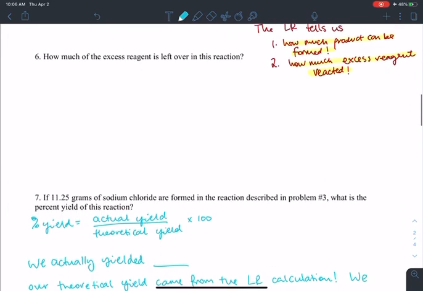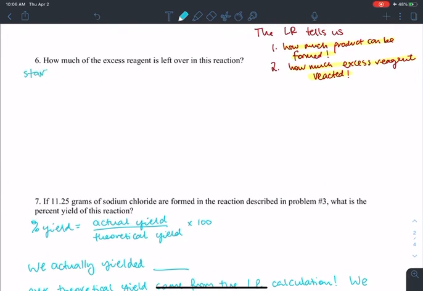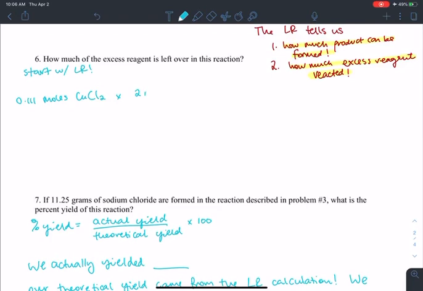So we start with that. So start with limiting reagent. So we have 0.111 moles of copper 2 chloride. We want to convert that into moles of sodium nitrate over 1 mole of copper 2 chloride.